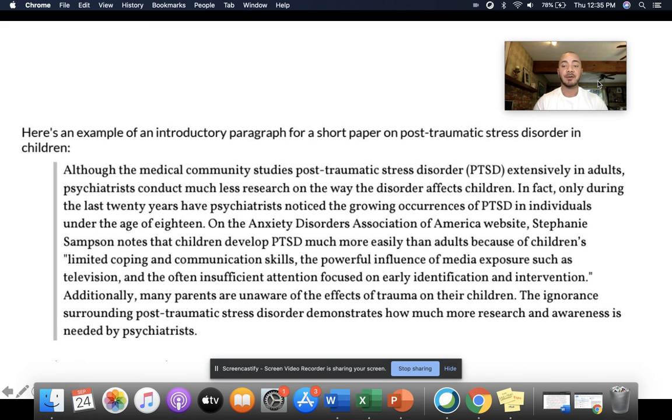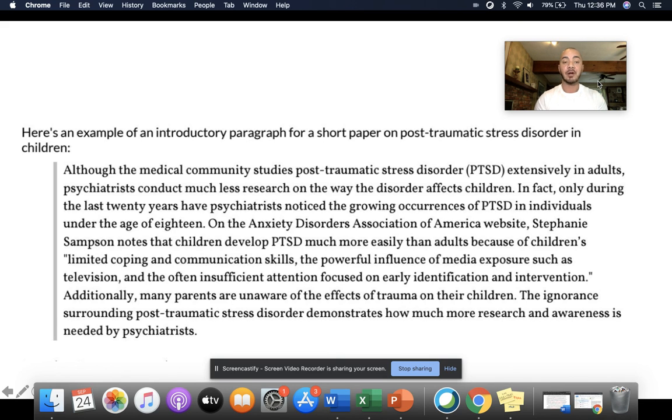Finally, we arrive at our thesis statement, which is the last sentence in the introduction, and that sentence reads, "The ignorance surrounding post-traumatic stress disorder demonstrates how much more research and awareness is needed by psychiatrists." So, based on this thesis statement, we can assume that the rest of the paper is going to prove to us or try to persuade us that we need more research and more awareness about PTSD in children.